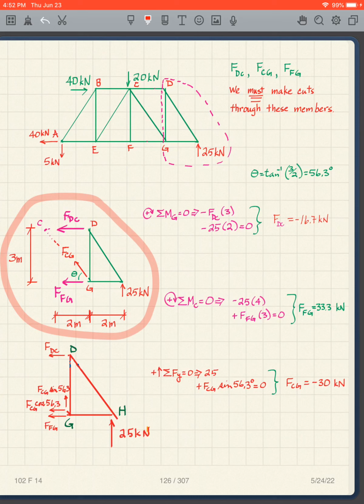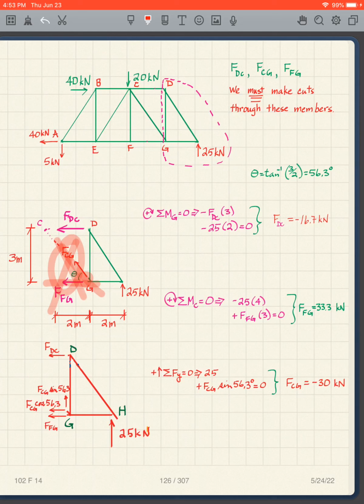Ideally, we'd like to write a moment equation where we only have one unknown, because we don't really like solving two equations with two unknowns, and let's keep our life easier. If I take moments about point G, what happens? That force goes through, that force goes through. So these two unknowns don't come into our equation. They're gone because it's times 0. And the only unknown left is this.